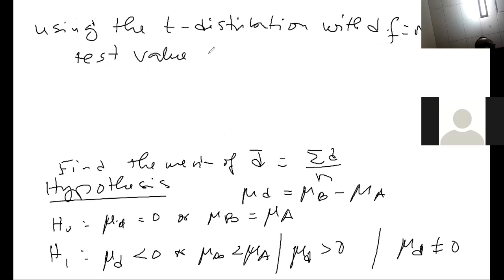The test value is t equals d bar, which is the mean of the difference, divided by s D, the standard deviation of the difference, over the square root of n. Actually, you will use your calculator. All of this formula, I am just presenting it so that you know you have seen it before. But you will be using a calculator to do that. Or we will use Excel for this. It's slightly easier to use Excel.